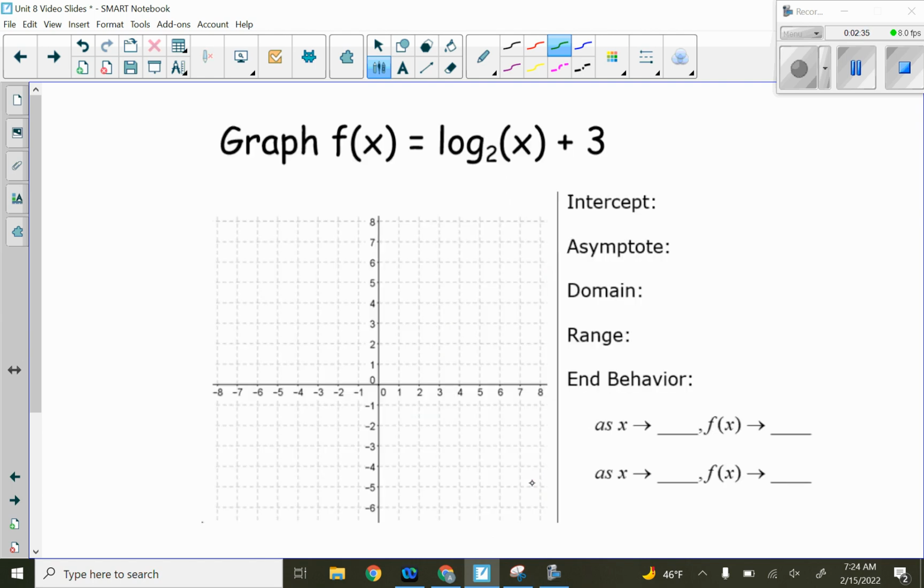So our first function that we want to graph, f of x equals log base 2 of x plus 3. Now don't forget, you can use Desmos to help you with some of this information. For example, our intercept.